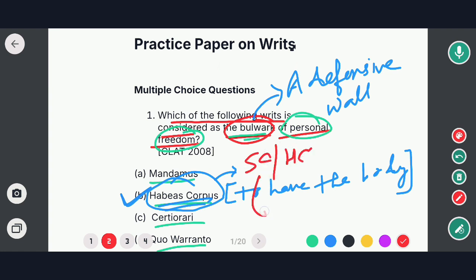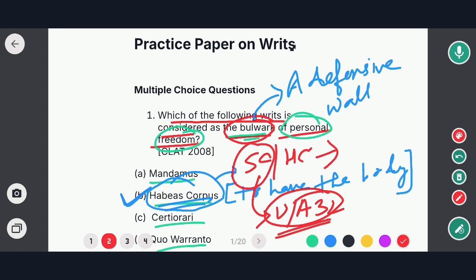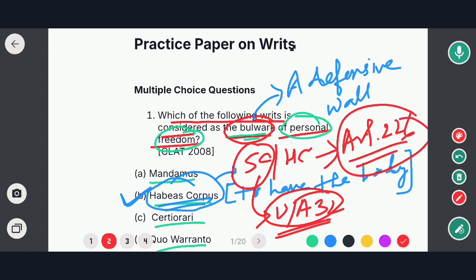Under Article 32 we can file the writ petition to the Supreme Court, and under Article 226 we can file the writ petition directly to the High Court. So the correct option would be option B.